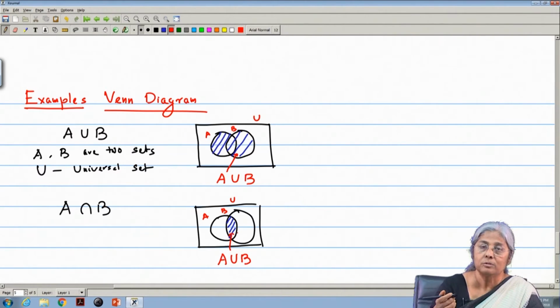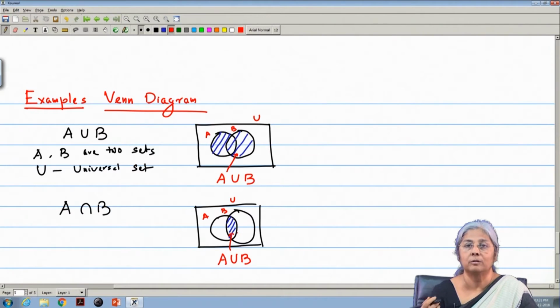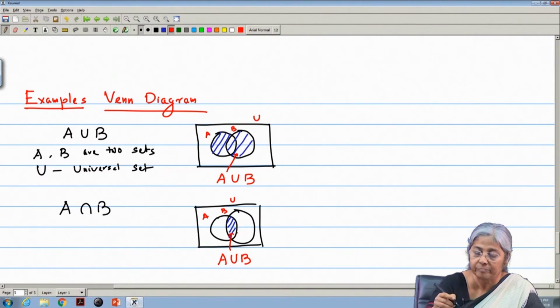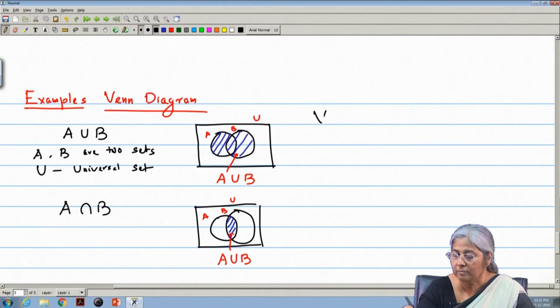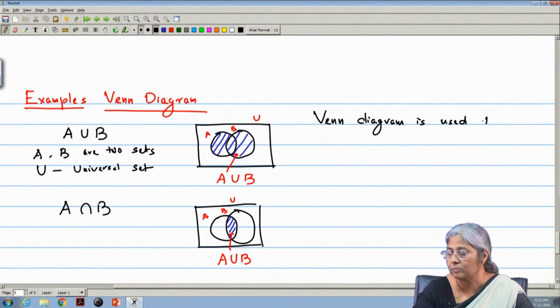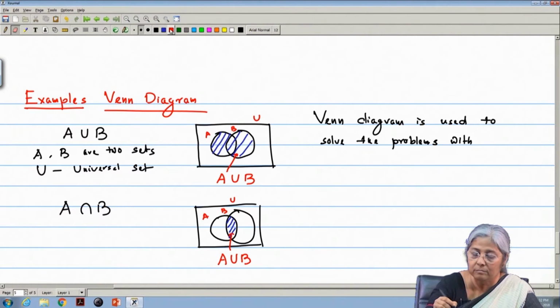This Venn diagram is used to solve the problems dealing with sets. There is a very easy way we can solve such problems using Venn diagrams. So, a Venn diagram is used to solve the problems with sets, or that deal with sets.